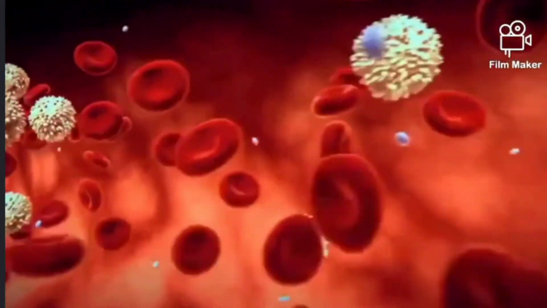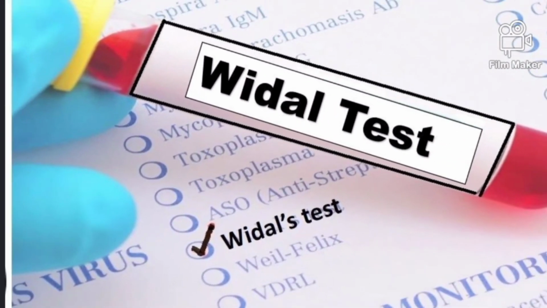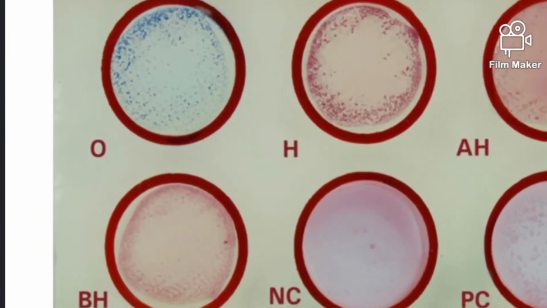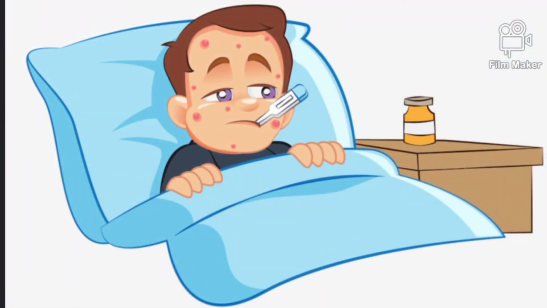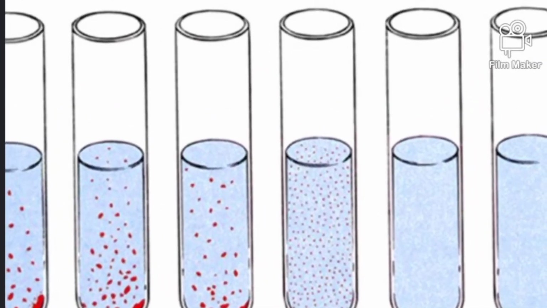Doctors also advise the Widal test. But be careful, based on the Widal test report, don't confirm typhoid, because if a person has some sort of viral infection or bacterial infection, the Widal test shows positive.